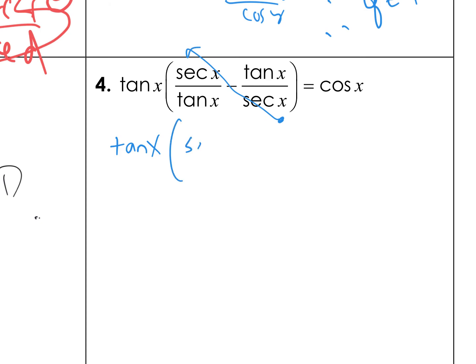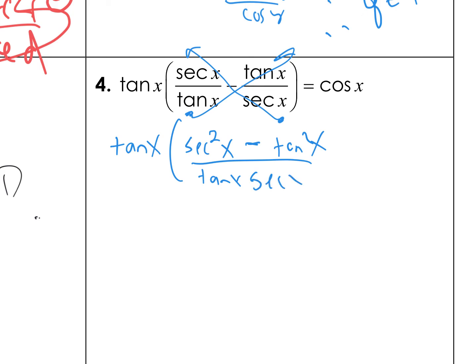That gives me a secant squared x minus. Now I have a tangent times a tangent, which is a tangent squared x. And my denominator is a tangent of x times a secant of x. Which, by the way, there is a tangent on the outside being multiplied.